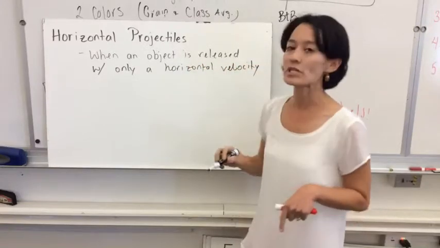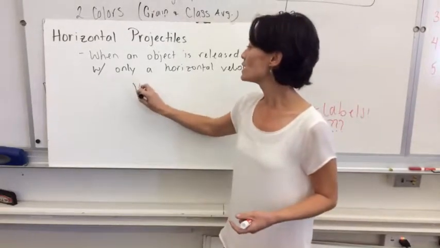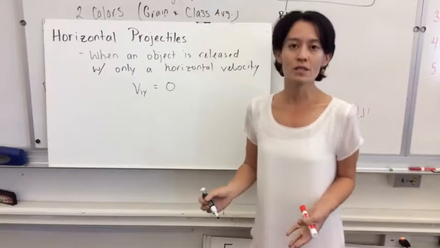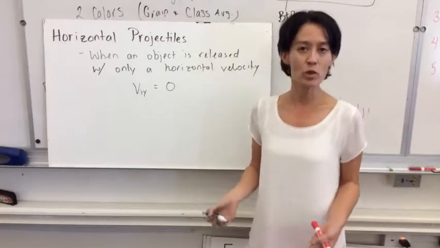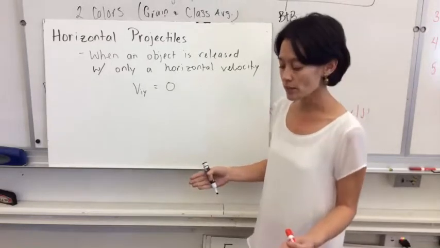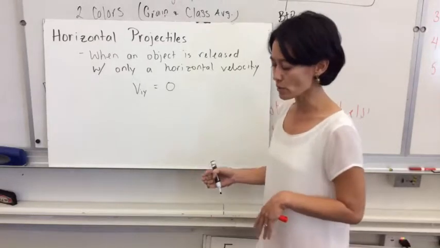Which means that there's an initial x velocity, but initial y velocity is going to be 0. And this obviously is going to be simpler because if my initial y velocity is 0, then anything in an equation that has initial y velocity is just going to cancel out to become 0. So it's going to be a lot easier.